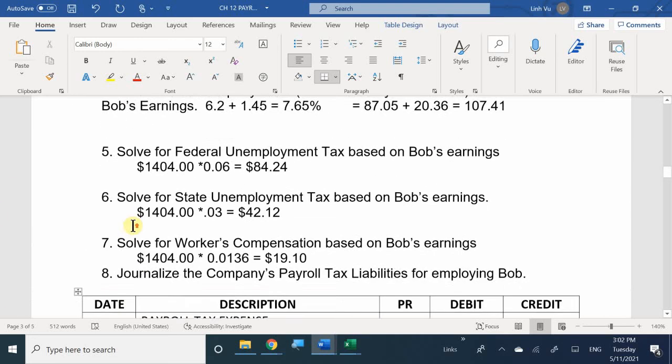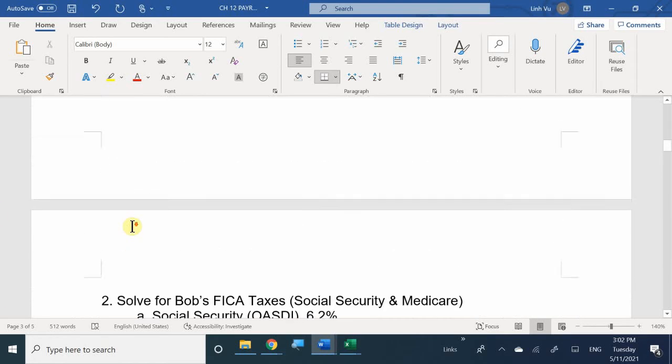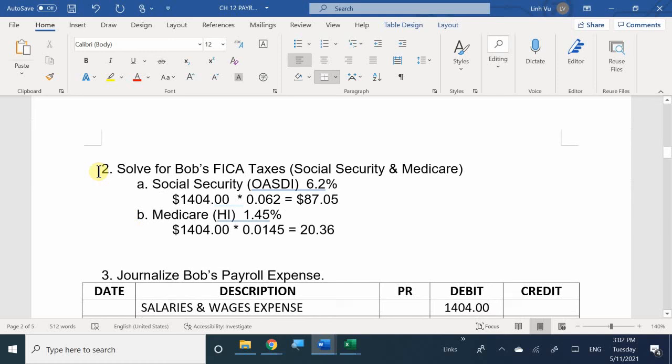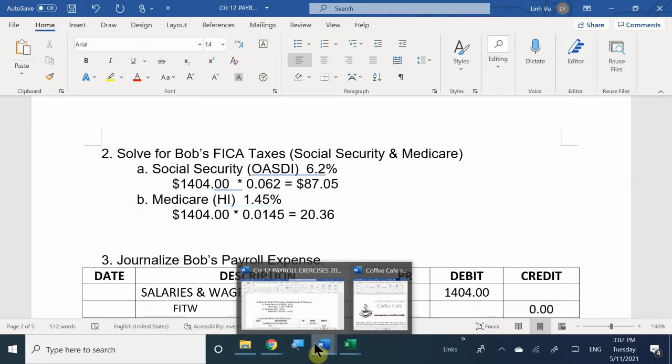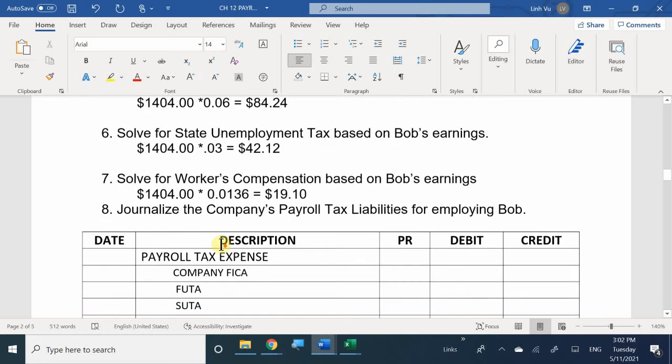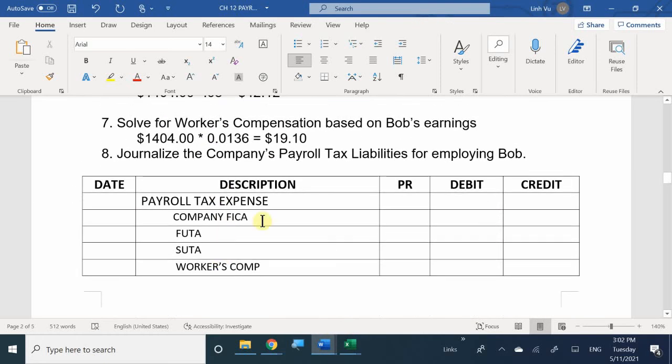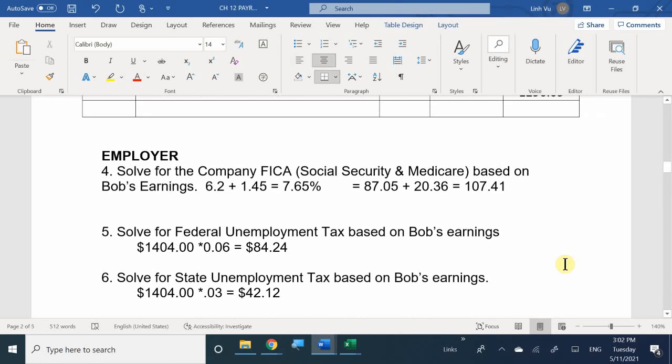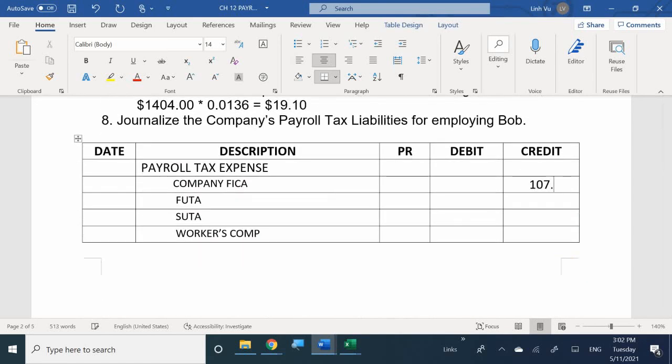Okay, so let me pull this up just a bit. There we go. So let's go ahead and fill in our numbers. What was the amount of company FICA we calculated? 107.41.